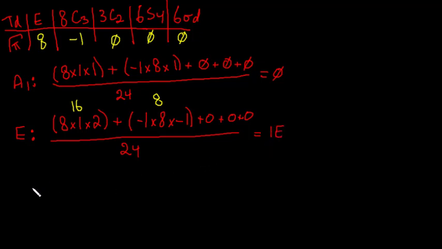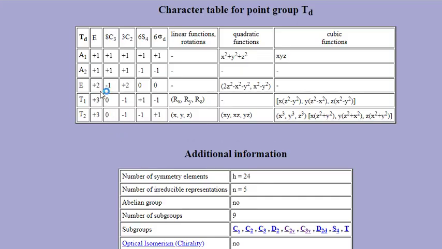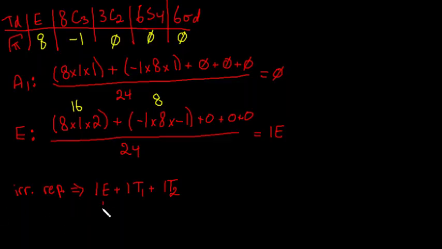So if you solve through them, you'll realize that the irreducible representation in this case is 1E plus 1T1 plus 1T2. So from E, we see that the orbitals involved are the dx2-y2 and the dz2.